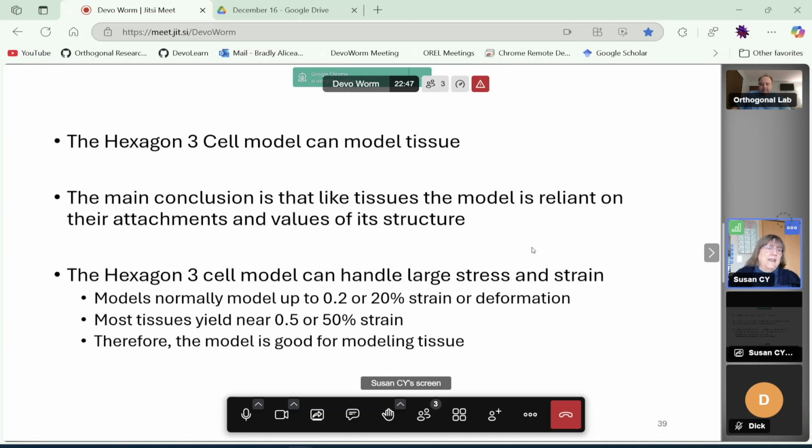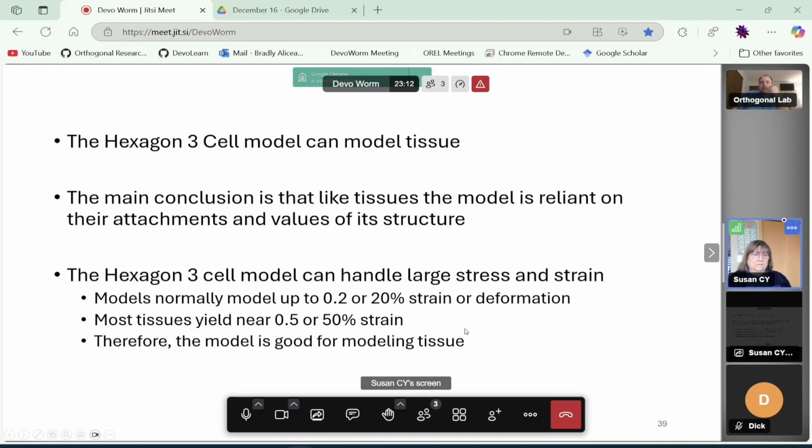The main conclusion is that the tissues and the model alike are reliant on their attachments and values of their structure, as in the elasticity of its strings and bars. I keep interchanging bars and rods. Anyway, the hexagon 3-cell model can handle large stress and strain.